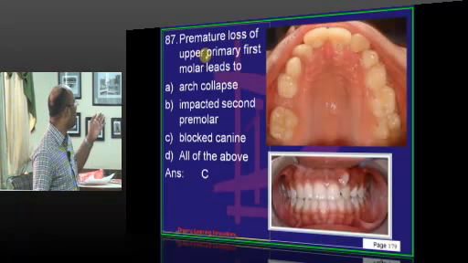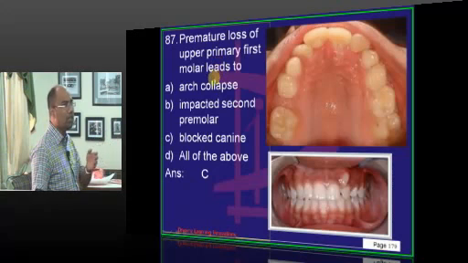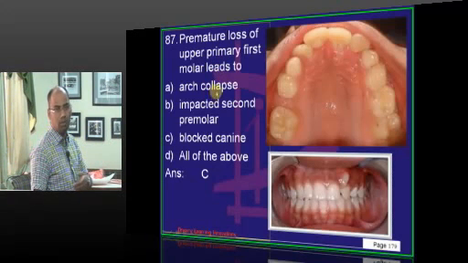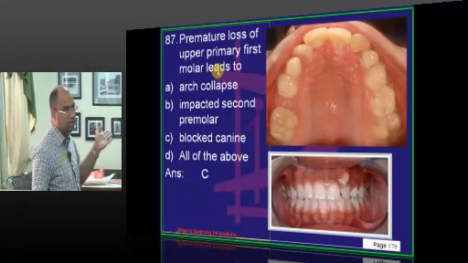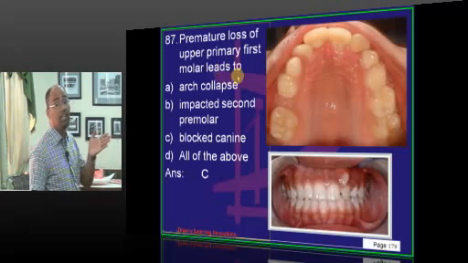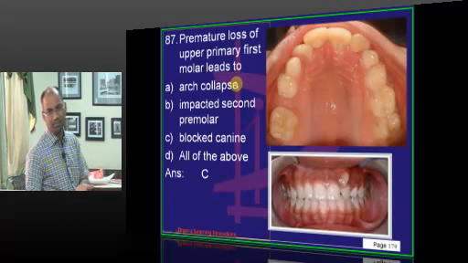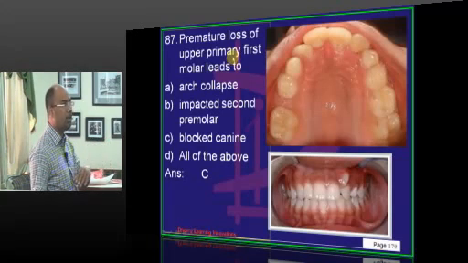The moment your upper primary first molar is lost prematurely, the permanent first molar will erupt and go into that space. So it will block the canine and lead to transposition. In the place of 3, you will have 4.